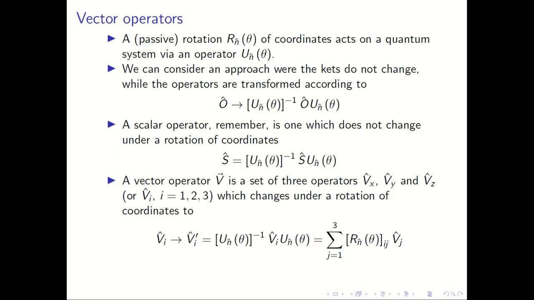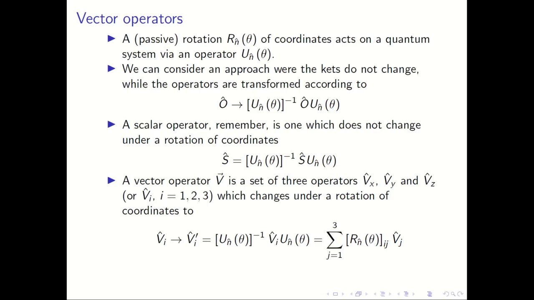X, Y, Z are the prototypes of vector operators, and what we say is any set of three operators will be considered a vector operator if they transform under the rotation of coordinates in exactly the same way as the coordinate operators do, which is an identical linear combination, of course, of the V components in this case.